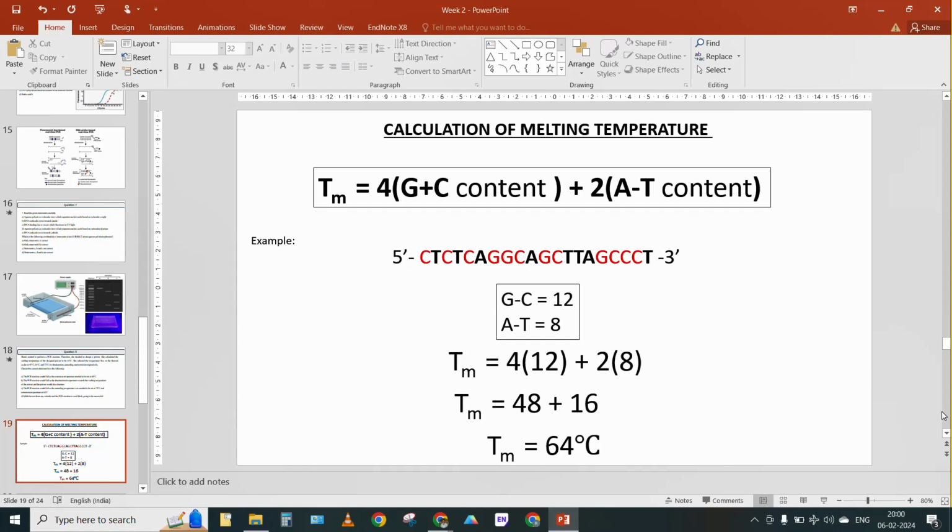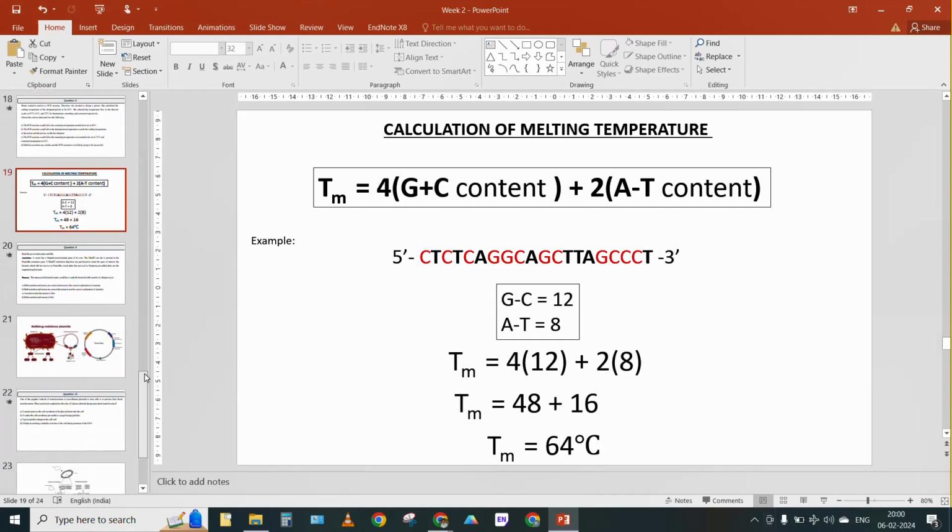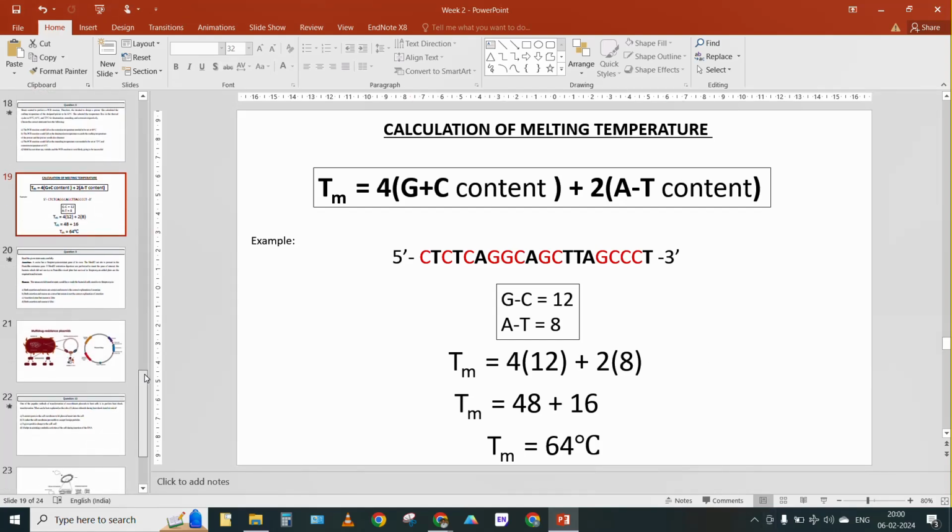Sir, actually first we counted the number of G's, then the number of C's, and they added up to 12. We multiplied it by 4. Then we counted the number of A's and T's, and they added up to 8. We multiplied by 2, solved the formula and got 64. Exactly correct.